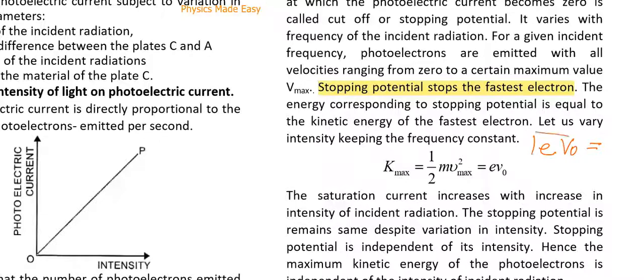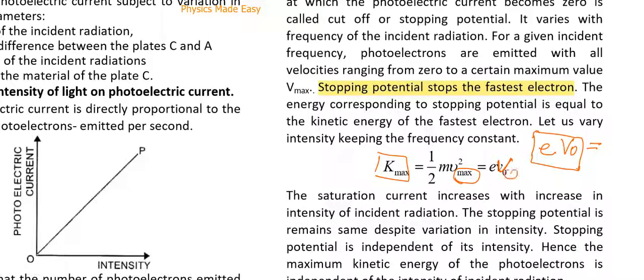This energy is equal to the energy of the fastest electron. It means K max, maximum kinetic energy, according to mechanics, is half m v max square, where v max is the maximum velocity. This is equal to eV naught.